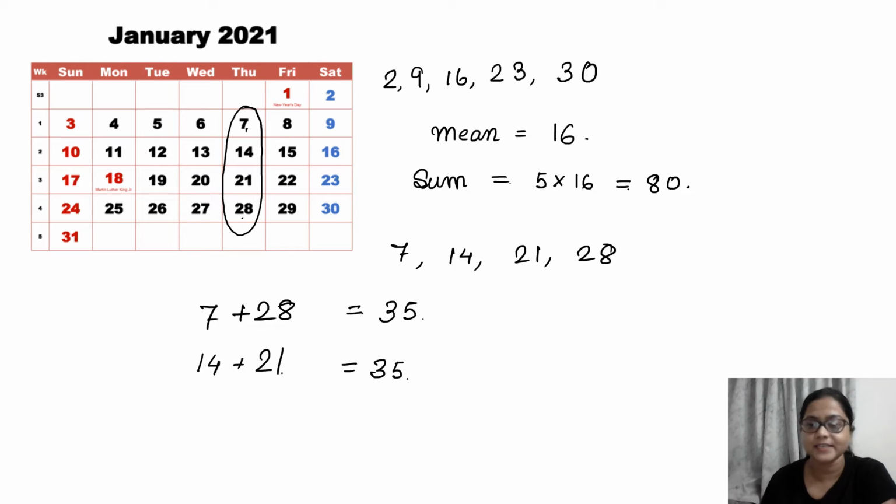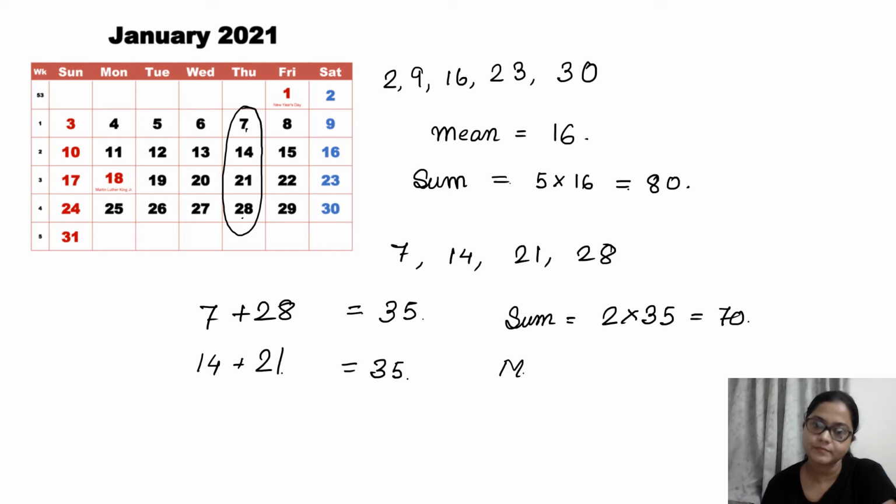Again, 14 and 21, adding these 2, we are getting another 35. So how many 35s are there in this sequence? 2. So the sum of the numbers will be 2 into 35, that is 70. So the average, that is the mean, will be 70 divided by 4. Okay, we'll get a decimal number.